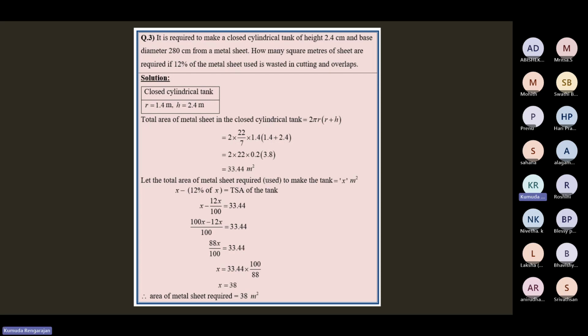First, you have to find the total surface area because it's a closed tank. You'll have to find the TSA of the tank. How many square meters, meaning this is the unit. How many meters square of sheet? That means what area of sheet. So find the TSA of the tank. And since there is wastage, you should buy a little more.